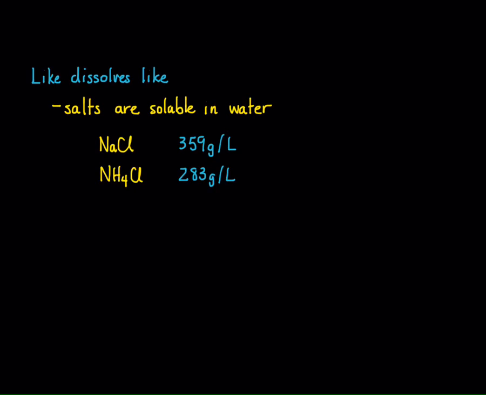Still, a lot can dissolve in water, but now what happens if I take the hydrogens off and I replace them with alkyl groups like butyl groups? So here I have tert-butyl ammonium chloride. Still a salt, right? Still soluble in water, but the amount that will dissolve decreases drastically to 20 grams per liter.